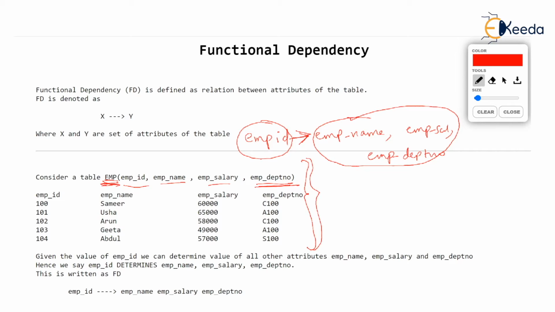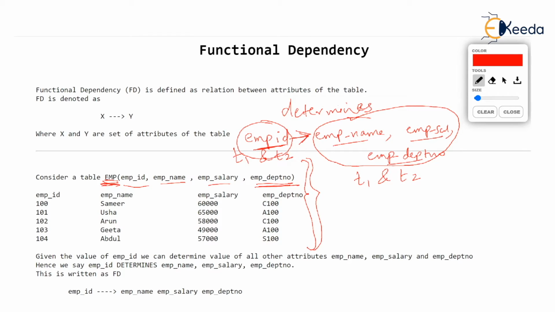Possibly this word determines is many times not understood. Okay, we have found the definition of FD. I hope now you know the definition of this. In two tuples T1 and T2, if the value of EMP ID is the same, then in those two tuples T1 and T2, the values of name, salary, and department number should be the same.